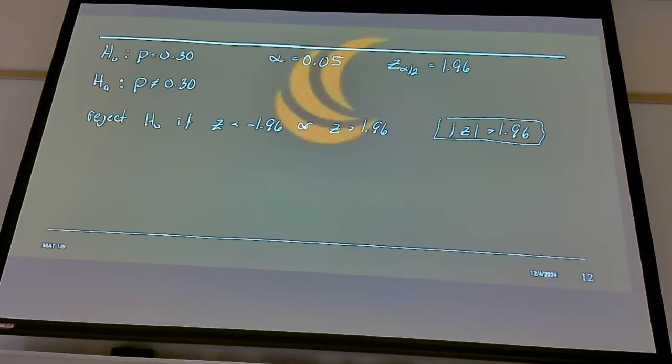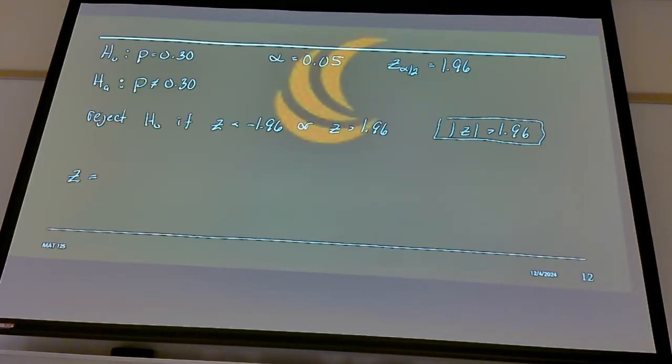So it should be something close to 0.05. What should the test statistic be?